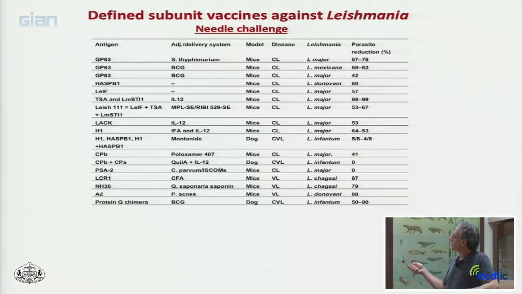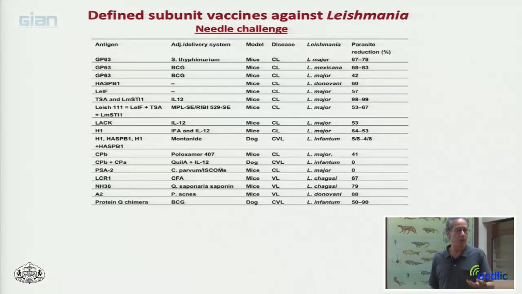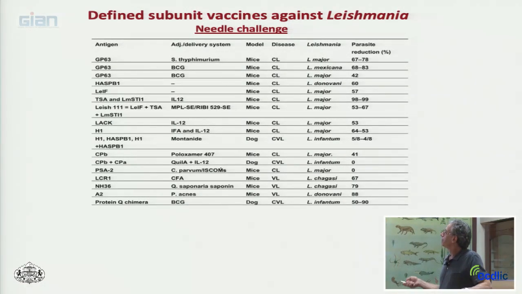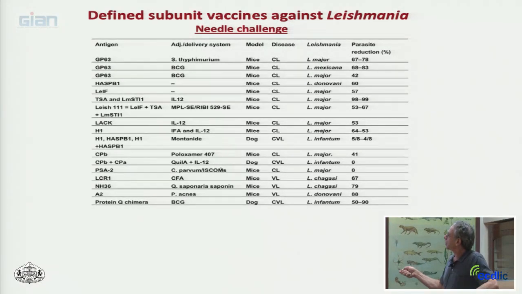So lots of different target antigens, which when delivered with the right sort of Th1 adjuvant, in some cases BCG, in some cases recombinant IL-12, in some cases CpG.